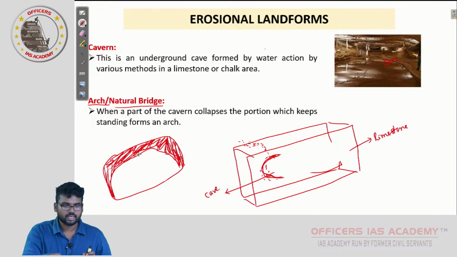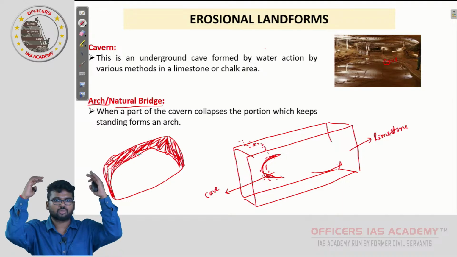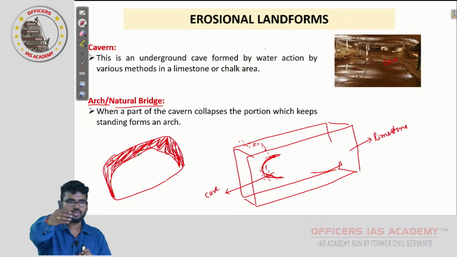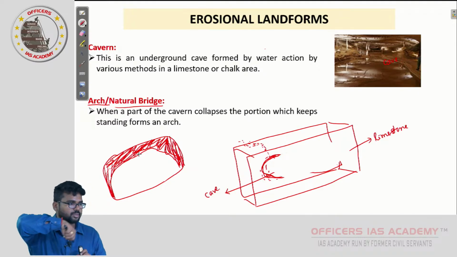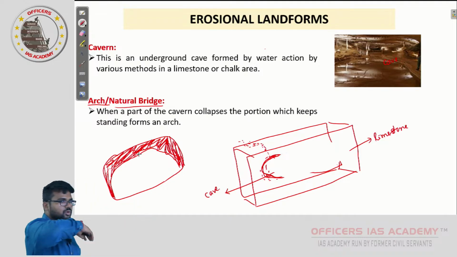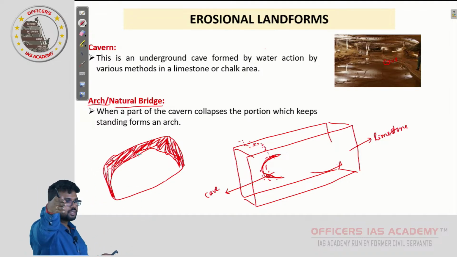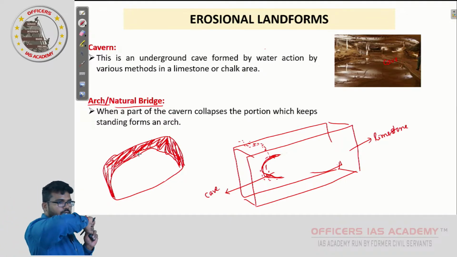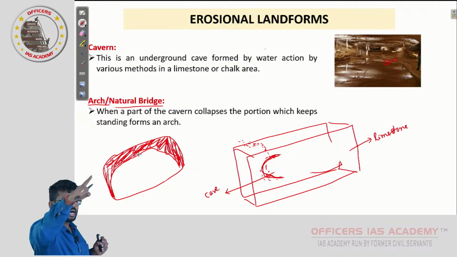This entire portion has been removed. Let's imagine this entire classroom is filled with limestone, and if a small material is removed, it will create a cave. Let's say this entire thing has been removed from here to there, this entire one is hollow. So somebody who is standing there and looking at it, to him or to her, it appears like there is a big natural arch created.